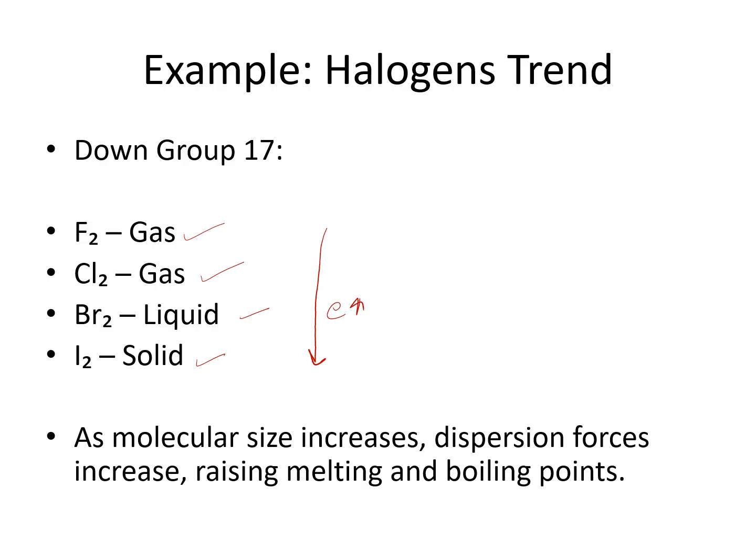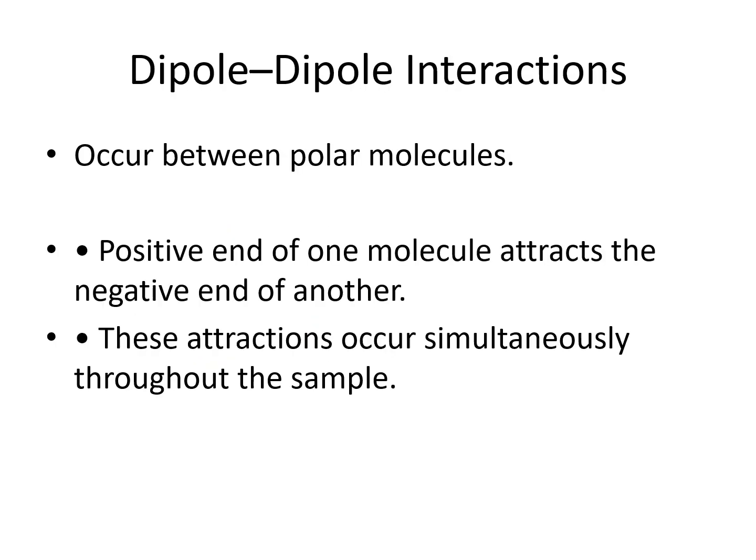That's why dispersion force is going to increase downwards. If there is more dispersion force between the particles, that means the particles are going to have a stronger intermolecular bonding. That's why they can be solid, right? So as the molecular size increases, dispersion forces increase, raising the melting and boiling points, right?